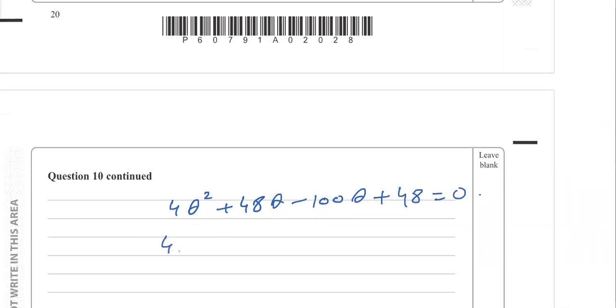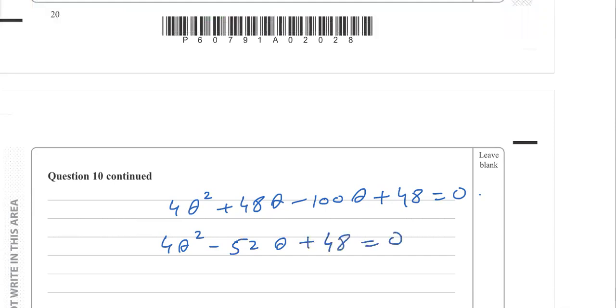That will be 4 theta squared, and 48 minus 100 theta will give me minus 52 theta, plus 48 equals 0.